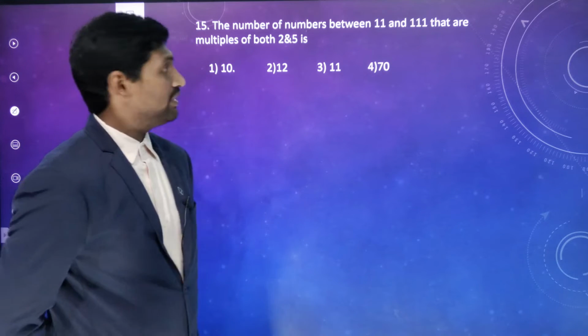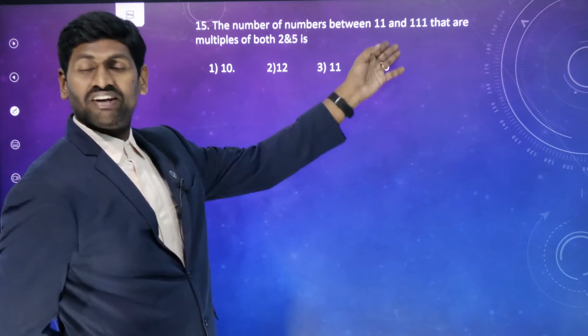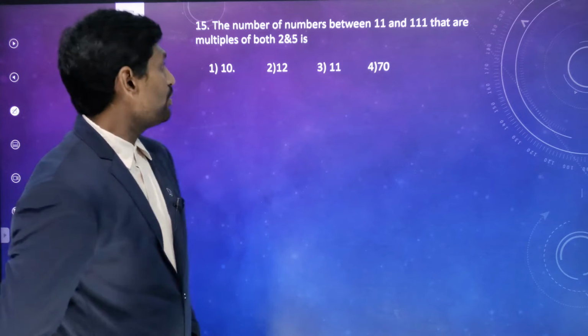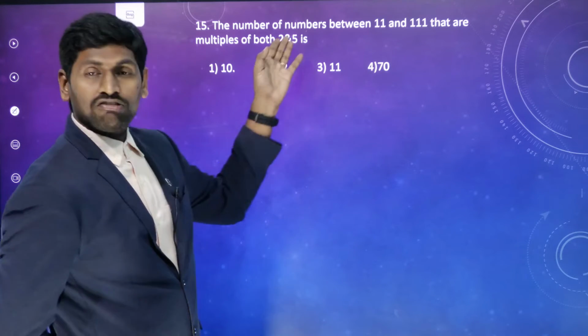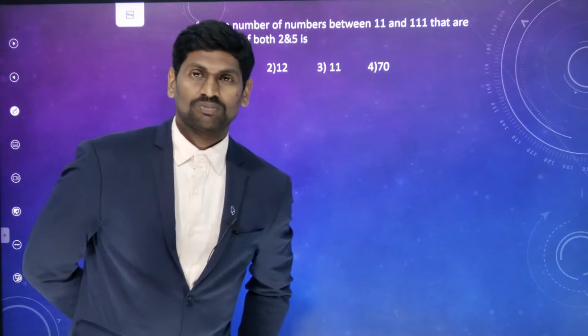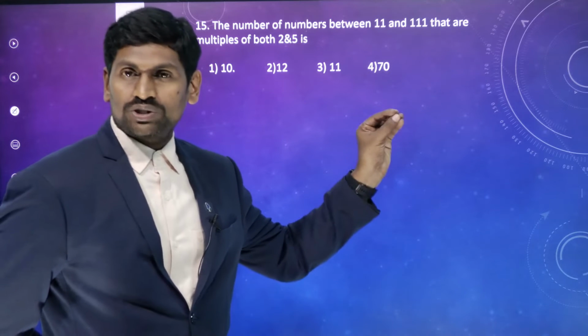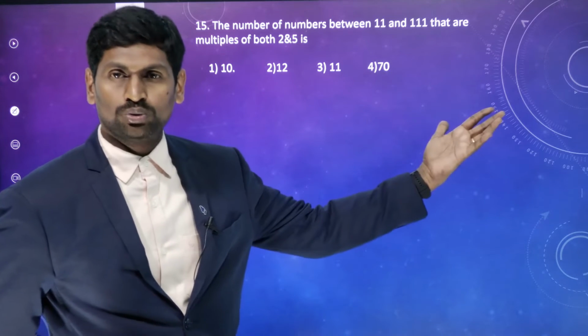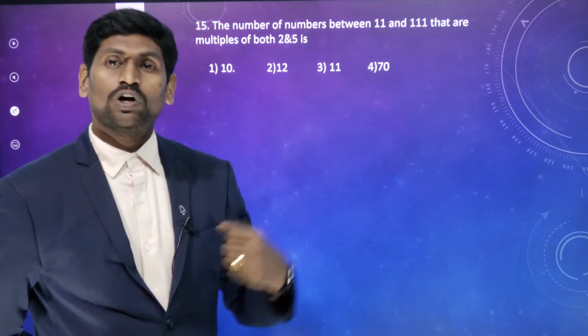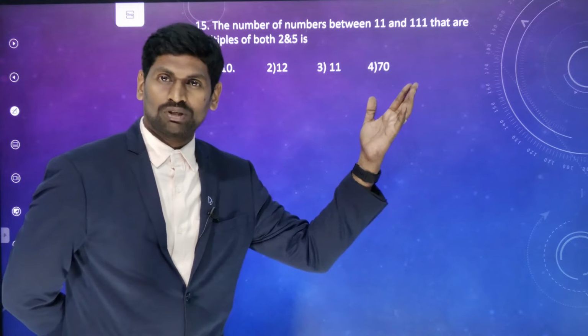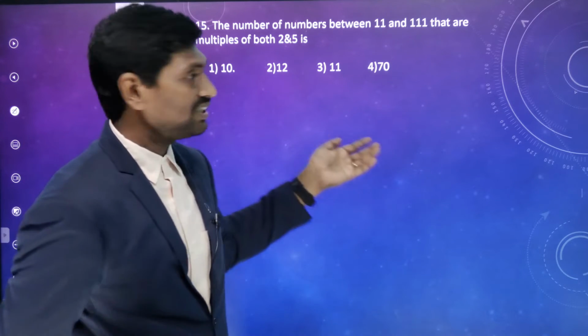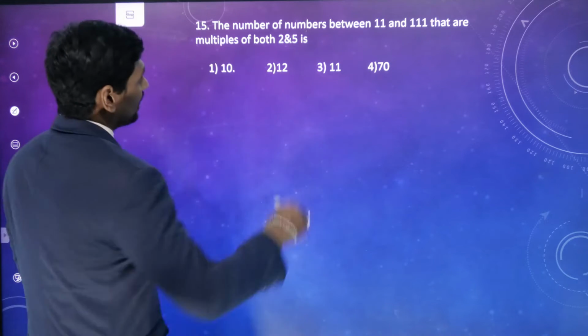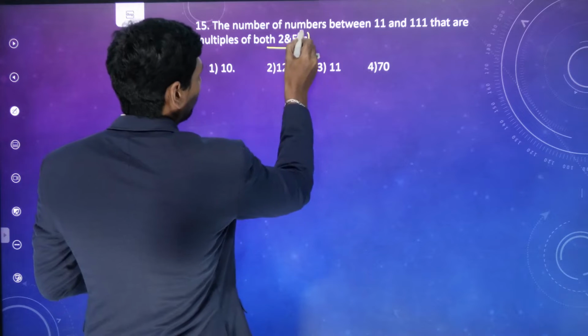The number of numbers between 11 and 111 which are multiples of both 2 and 5. Now, if the question asks multiples of 2, according to the previous problem, we just divide the given number by 2. But you are asking which are multiples of both 2 and 5.